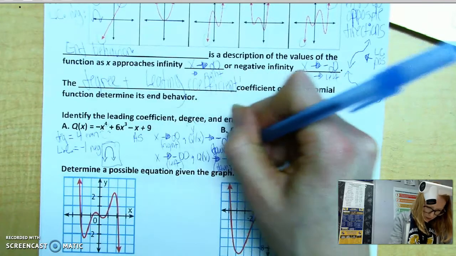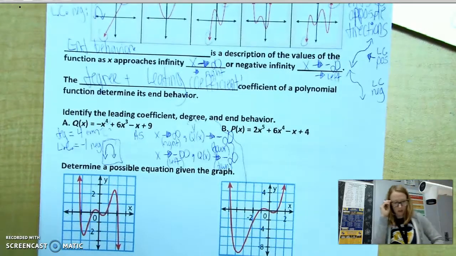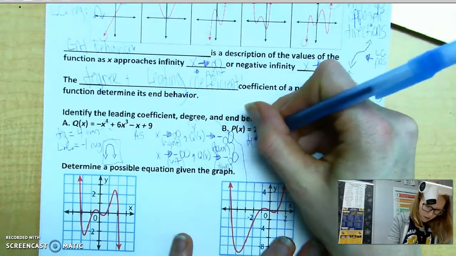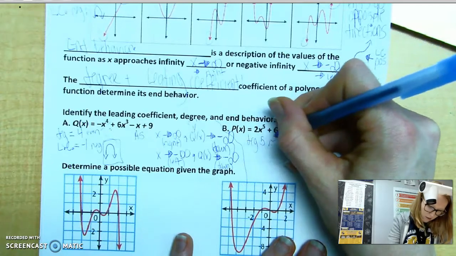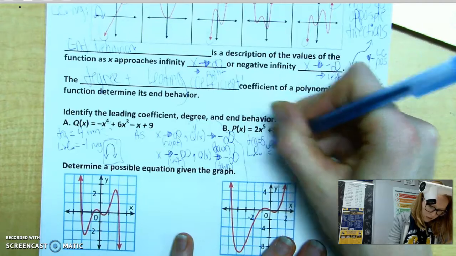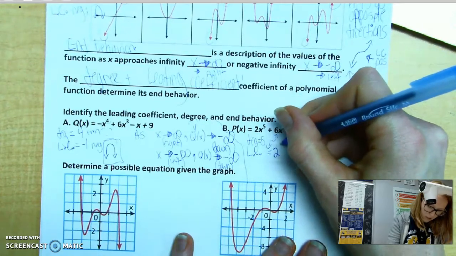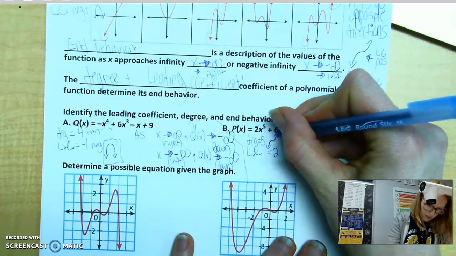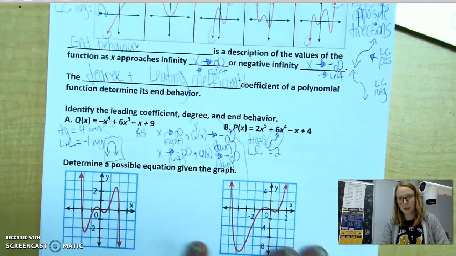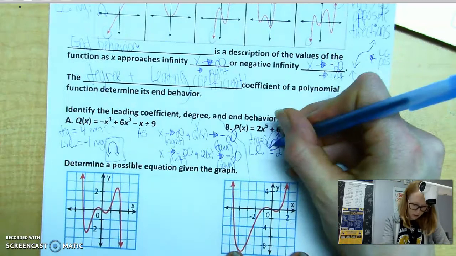And then we're going to do this again with example B with p of x. If our degree is 5, it's going to be a snake. And then our leading coefficient is 2, which means it's going to be a snake heading towards heaven, right? So this is going to be my shape. It doesn't flip. It's going to stay up as we go to the right.